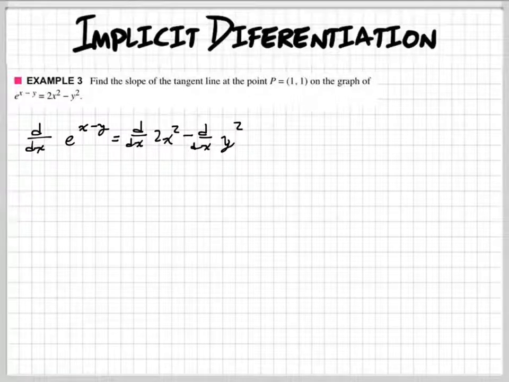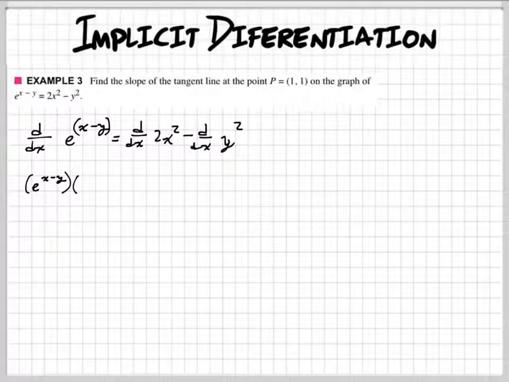Okay, if I take the derivative of a base e, you guys remember what you're supposed to do? It's the same thing. Yes, you're right. So we have e raised to the x minus y, and we're going to multiply that by the derivative of the exponent. When we take the derivative of the exponent, we take the derivative of the x and the y separately.